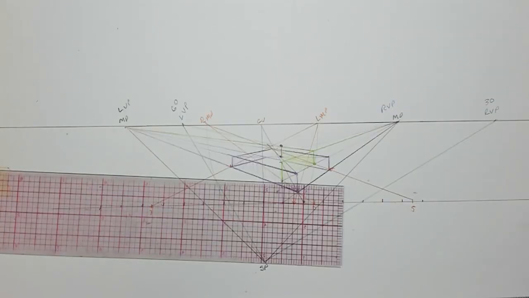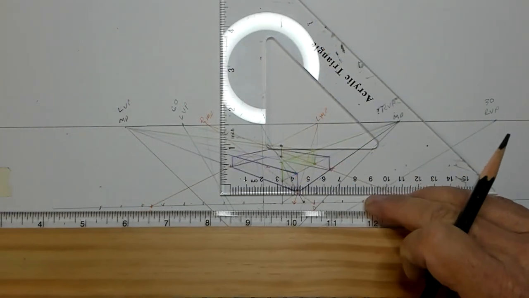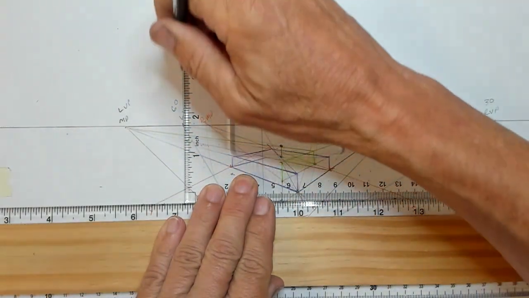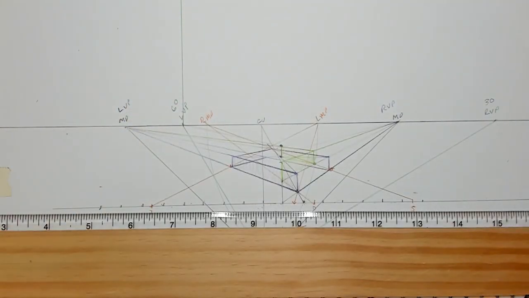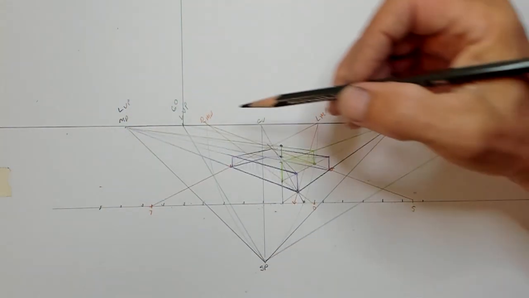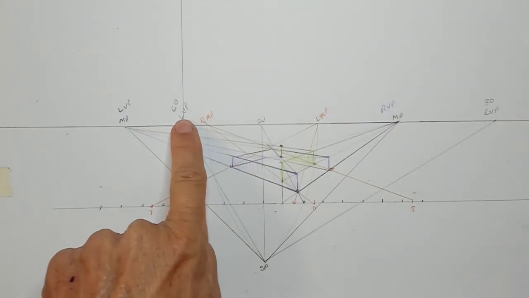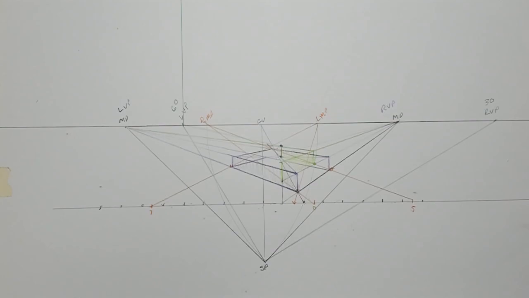If we lifted it up 30 degrees, it's going to go to a spot directly above this vanishing point. It's going to be along this line. And to find where it is along this line, we need that left measuring point that belongs to this vanishing point.